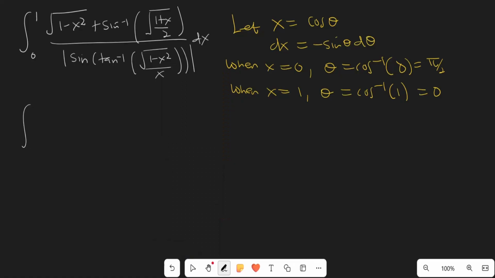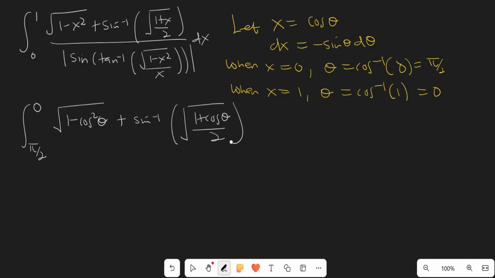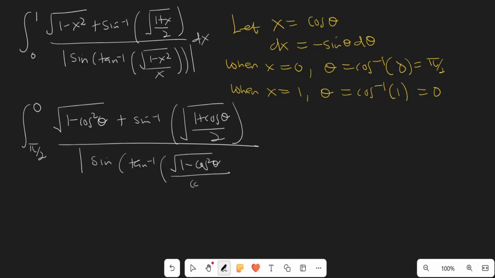This becomes the integral from pi over 2 now to 0 of the square root of 1 minus cos squared theta, because x is cos theta, plus sine inverse of the square root of 1 plus cos theta over 2, divided by the absolute value of sine of the tan inverse of the square root of 1 minus cos squared theta all over cos theta, like this. And dx is going to be negative sine theta d theta.